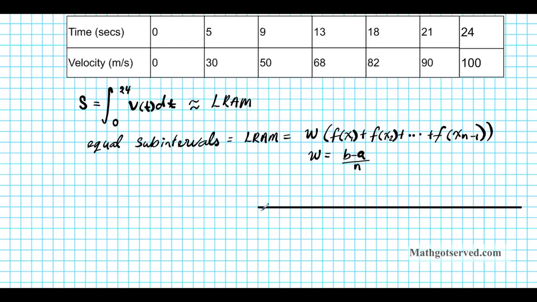We're starting from 0, so this is 0. 1, 2, 3, 4, 5, 6, 7, 8, 9, 10, 11, 12, 13, 14, 15, 16, 17, 18, 19, 20, 21, 22, 23, 24.